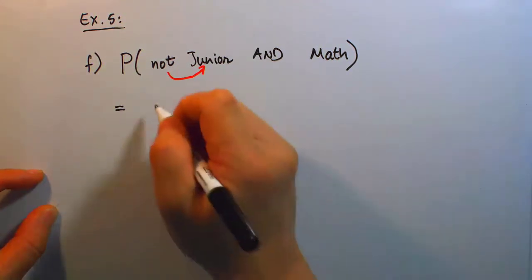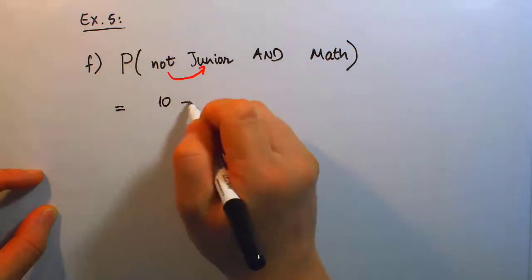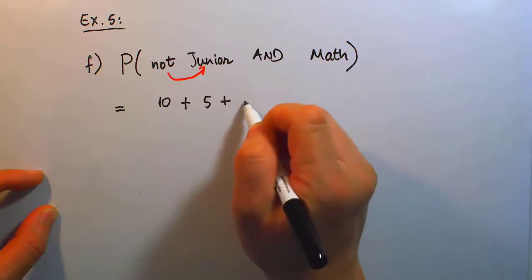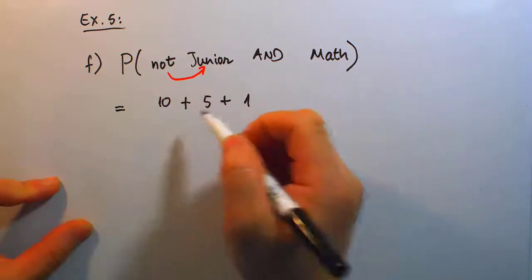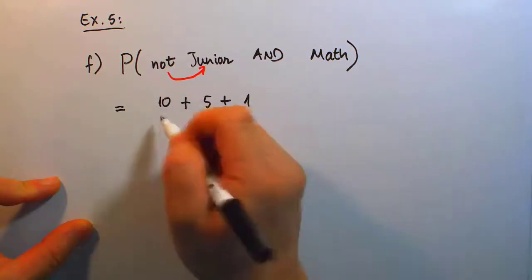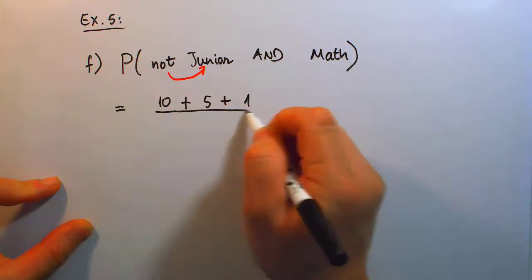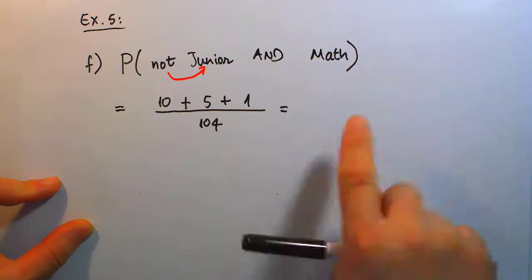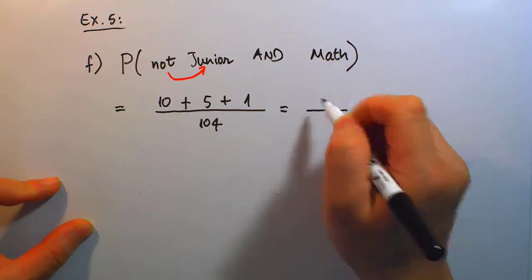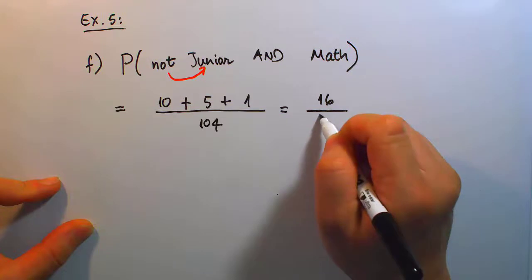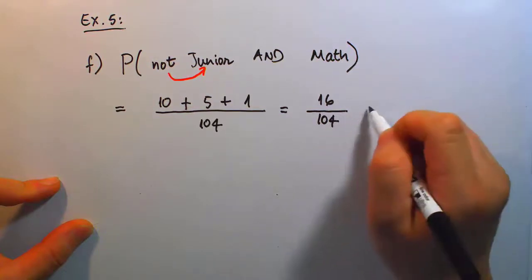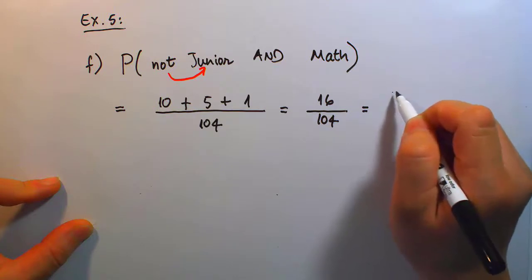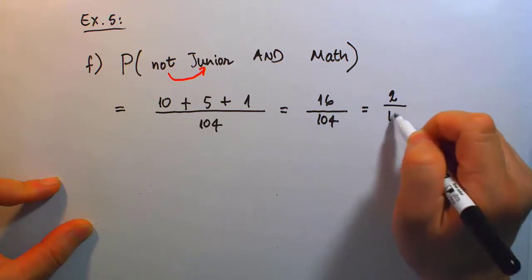There's 10, another 5, and another 1 in that light purple column, and all of that is over 104, which gives me 16 over 104, and that reduces down to 2 out of 13.